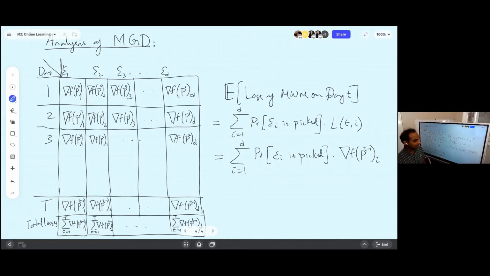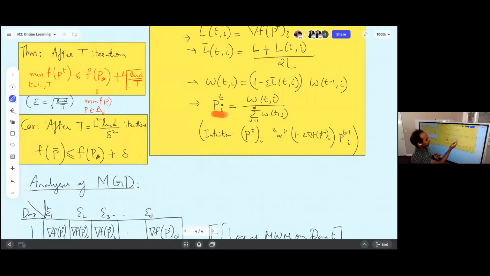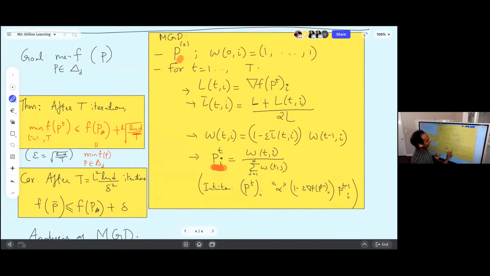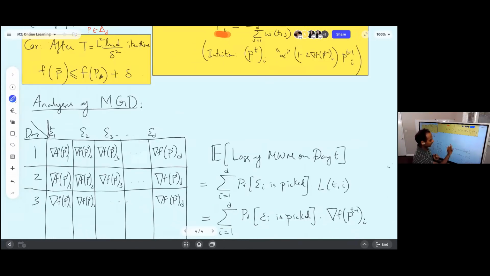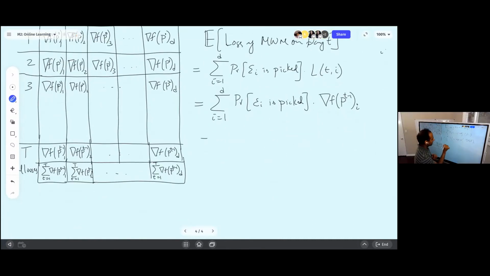Now what is the probability that expert i is picked? It's proportional to the weight of that expert on that day. So it's w of t minus 1 comma i divided by the total weight the previous day. So this is really just p of t minus 1, the ith coordinate, times the gradient at that coordinate.